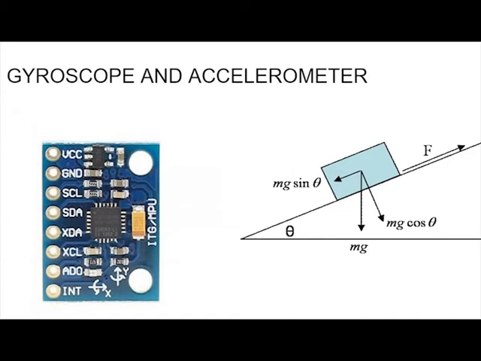As we can see in the diagram on the right side, the gravitational force mg is shown along with its component acting along the orientation and the component perpendicular to it. From the force along the orientation, we can get the orientation angle theta if we know the mass of the body, as g is already a constant value, that is 9.81 meters per second squared.